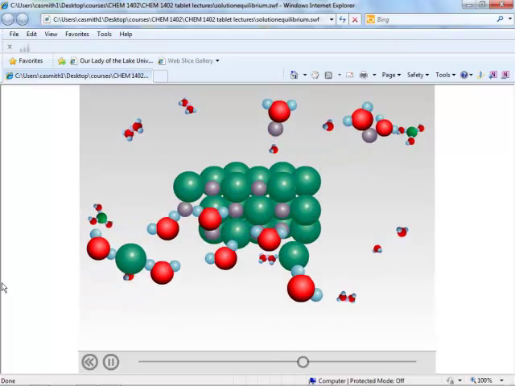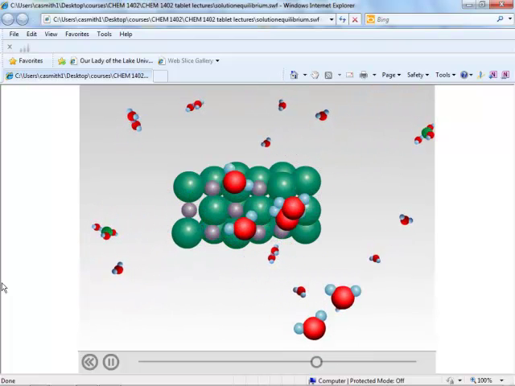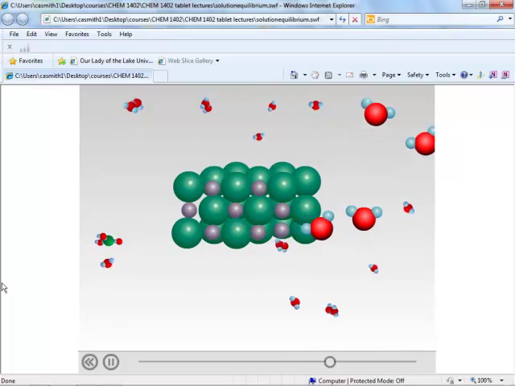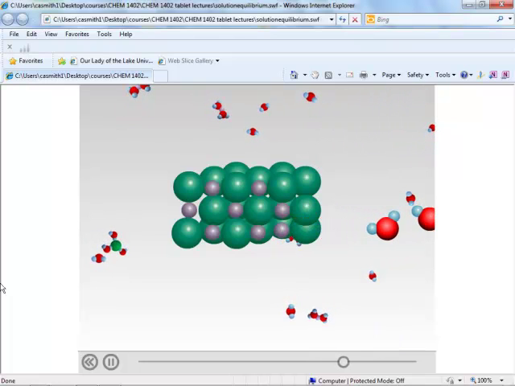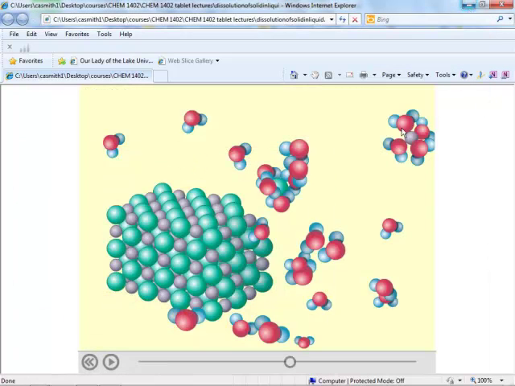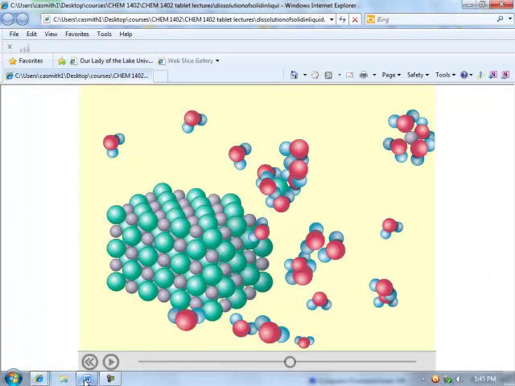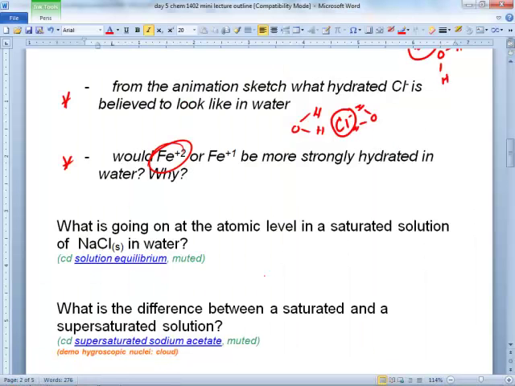See, it pulls them off, but it's also depositing them at the same time, at the same rate. So the movie doesn't show near enough or long enough, but the rate that sodium is being torn off is the same as the rate as it's being precipitated back. So the rates are the same. And they call it dynamic equilibrium, I guess, would be the best way to describe it.